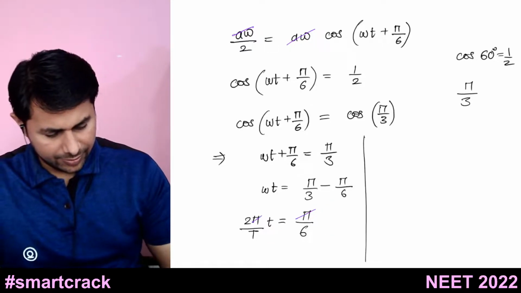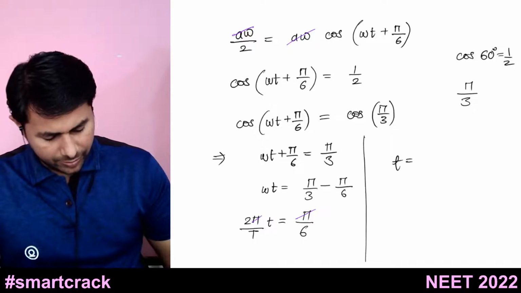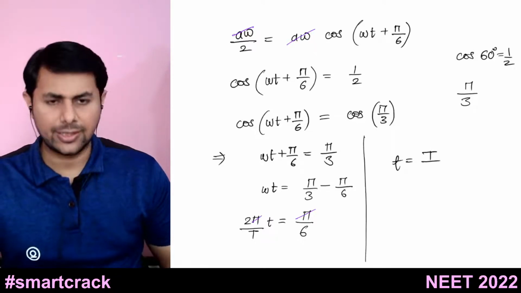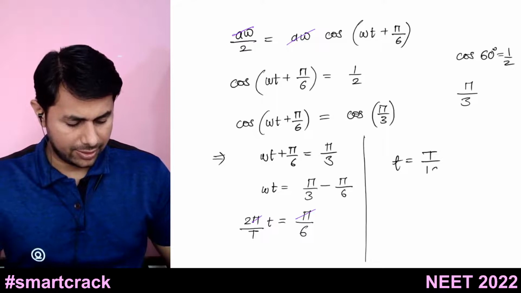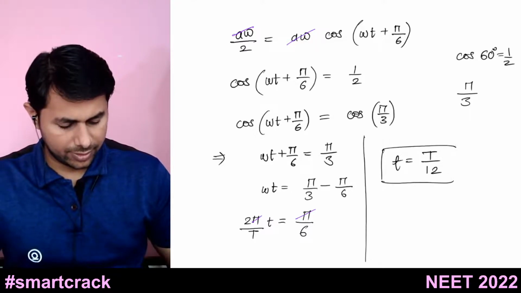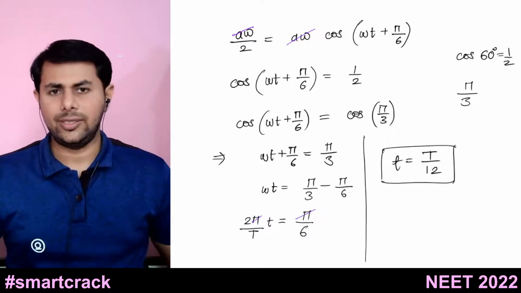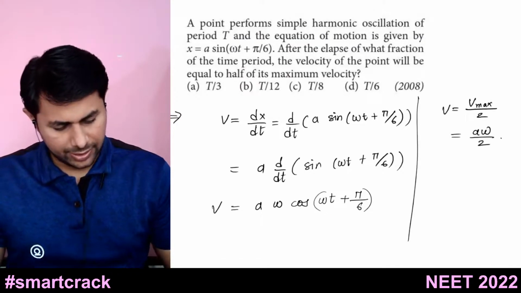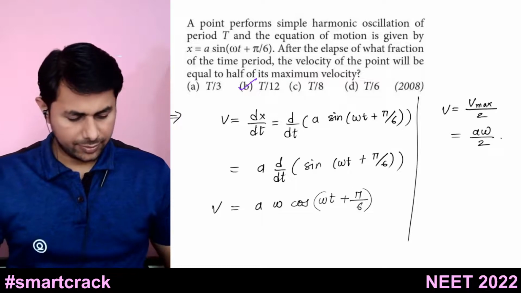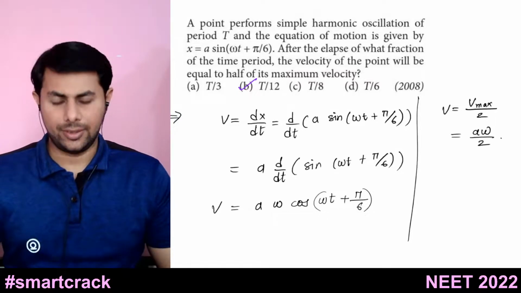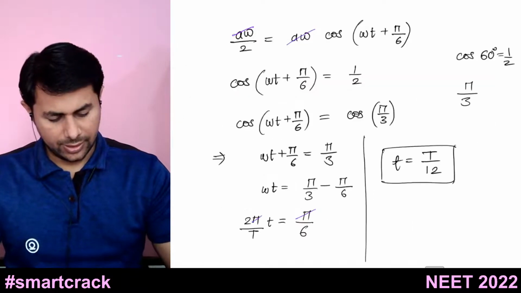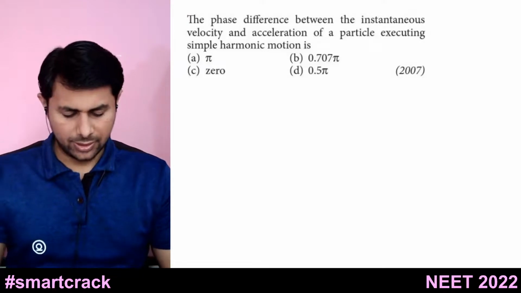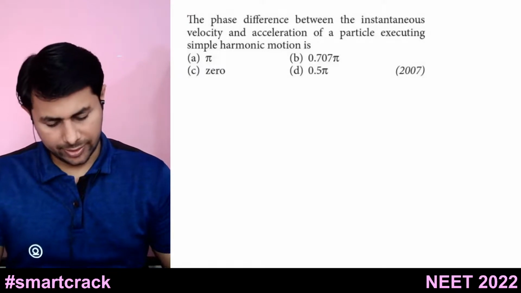So we get t equals T divided by 6 times 2, that is 12. So this is the answer. Option B is the answer. This was very, very simple. Let's move on to the next problem.